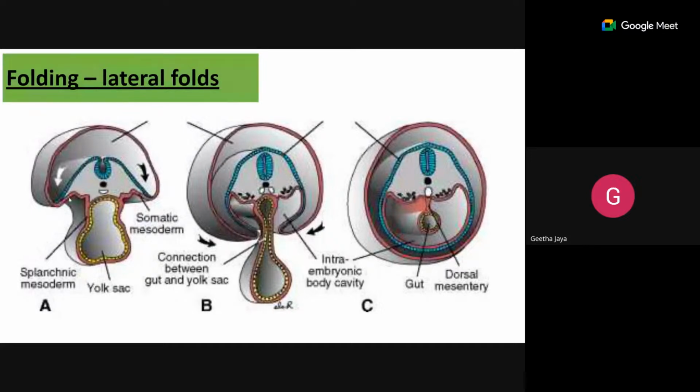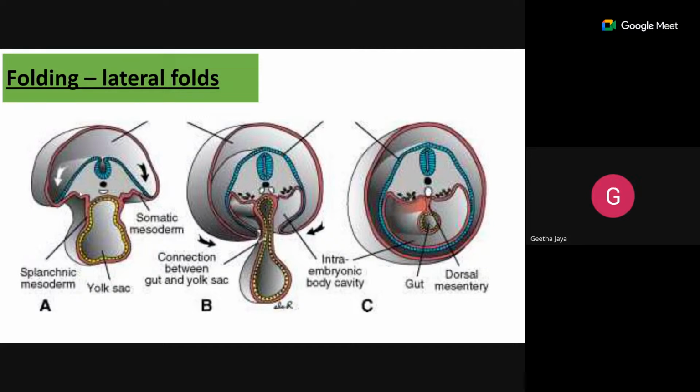Once more, this is somatopleuric mesoderm. Okay. This is splanchnopleuric mesoderm because this is the gut tube. This is the endoderm. This is the yolk sac. So this will be the splanchnopleuric mesoderm. This will be somatopleuric mesoderm.